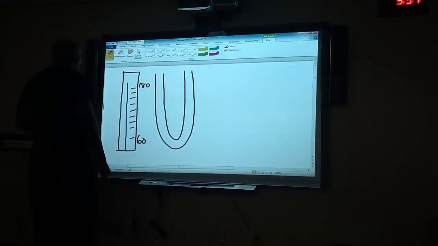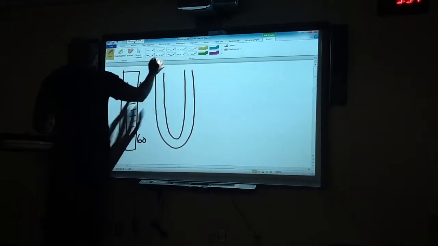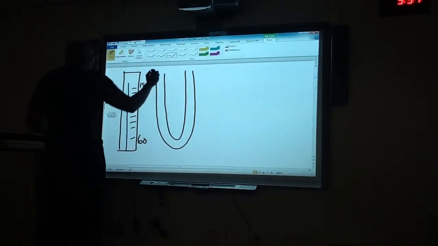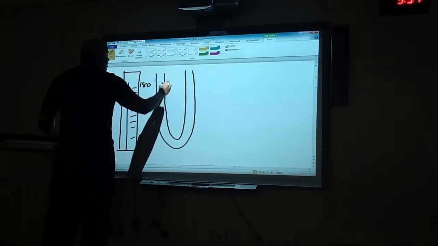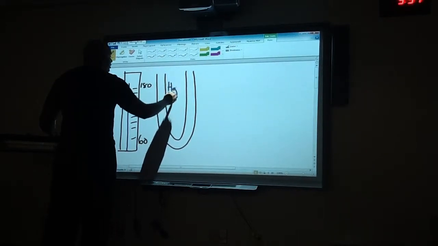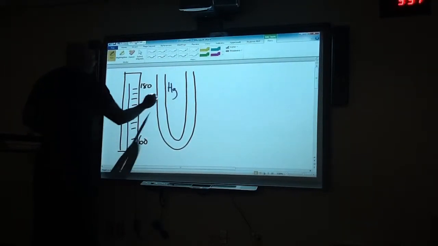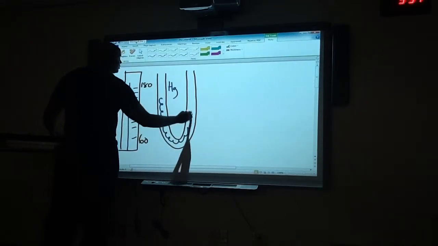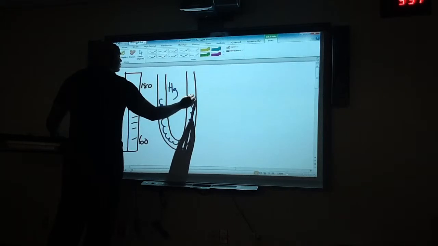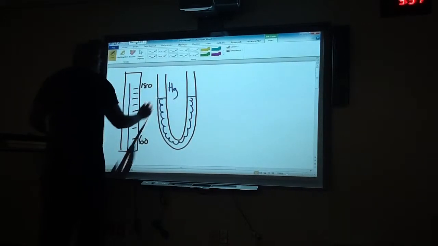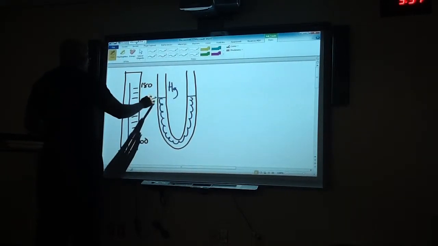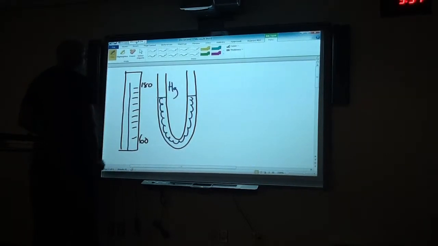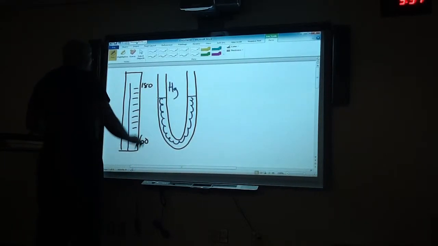So in my case, for my demonstration, that liquid is mercury, and mercury's periodic symbol is Hg. So I'll go ahead and fill that tube with mercury. Line here, line there. So at the top of the mercury on each side is the surface line. And that's where the pressure is.